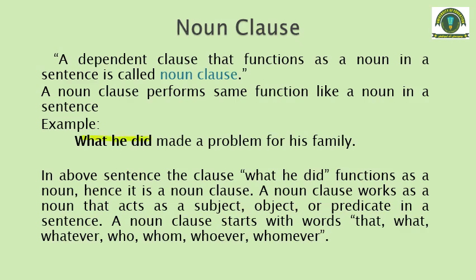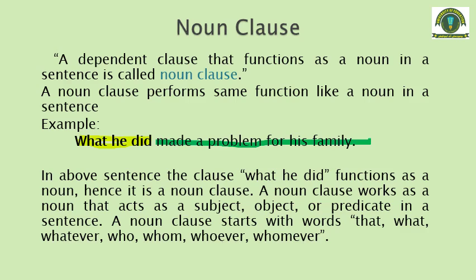This part of the sentence, the subject of the sentence, contains a noun clause. Made a problem for his family. Made is the predicate part of the sentence. So before the predicate in any clause we have a subject. But this subject is not only confined to he, it has some other material with it. That's why we call it a noun clause.